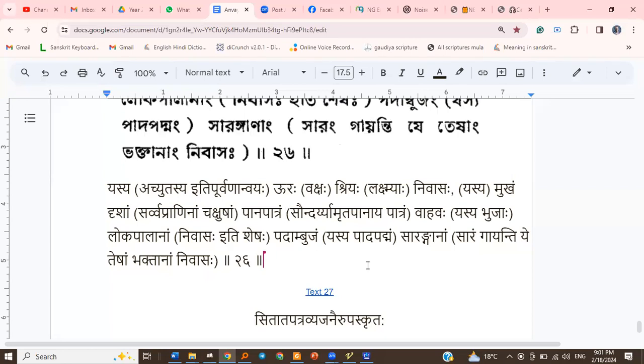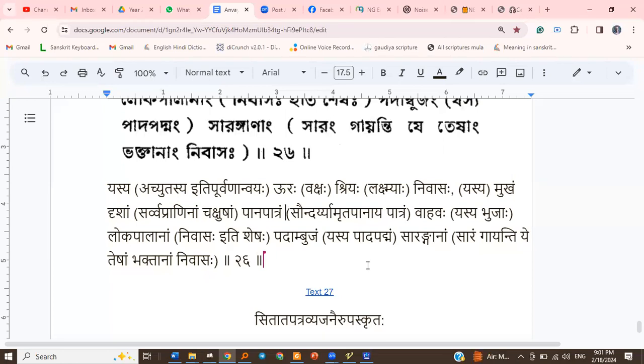His face, mukham, is the vessel, the utensil, the patra for the eyes of all the living entities, sarva praninam chakshusham.